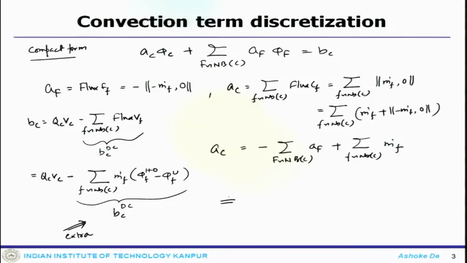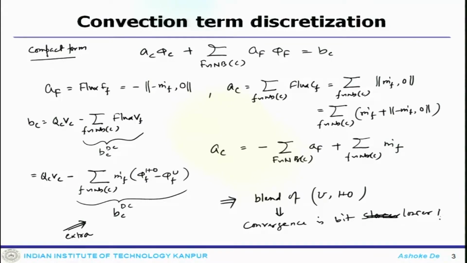So, it essentially is a blend of upwind and higher order scheme. That is why the convergence rate is a bit slower, one can think about it that way.